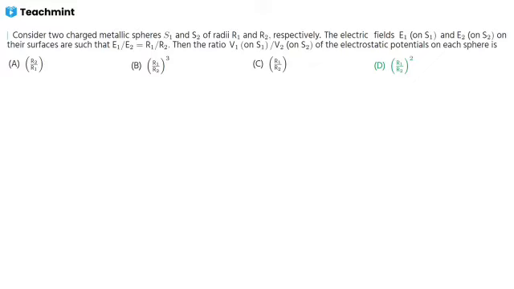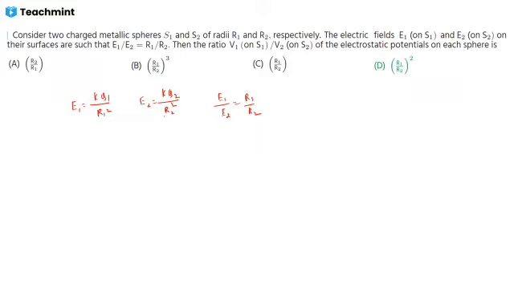Okay, now what is the electric field, children? E1 first, we can write it as KQ1 by R1 square. Similarly, E2 is KQ2 divided by R2 square. And E1 by E2 is already given in the question as R1 by R2.